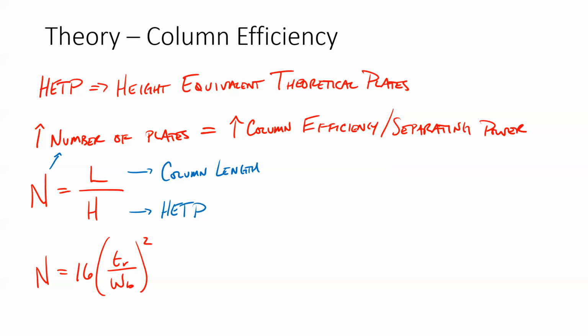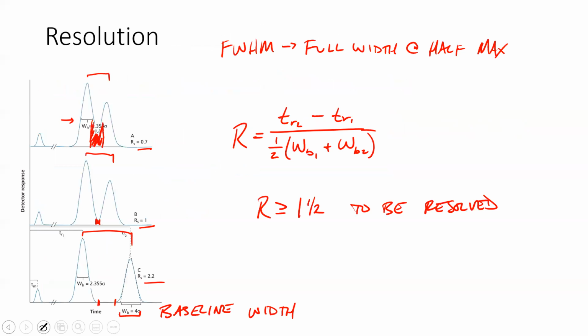If I go back a slide or two, when we talked about resolution, I talked about the difference between this full width at the half maximum and the width at the baseline. The reason that in chromatography we sometimes use this full width half max is that baseline can sometimes get a little wonky, right? Those of you that did GC over the summer, maybe you saw that baseline sort of increased over time, or you saw that those peaks were not even and that one edge of that peak sort of drifted out a little bit.